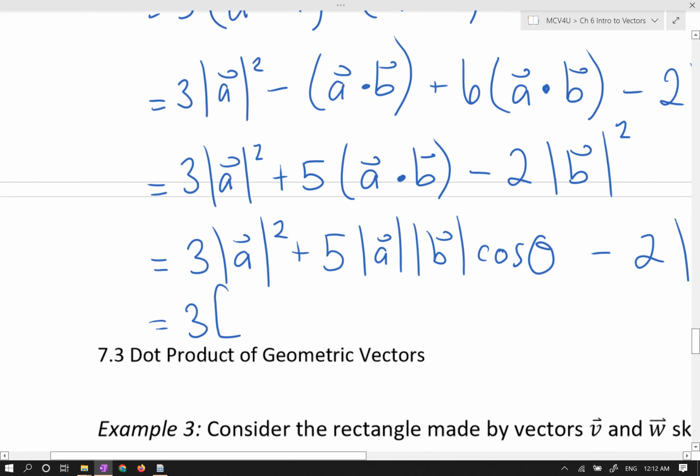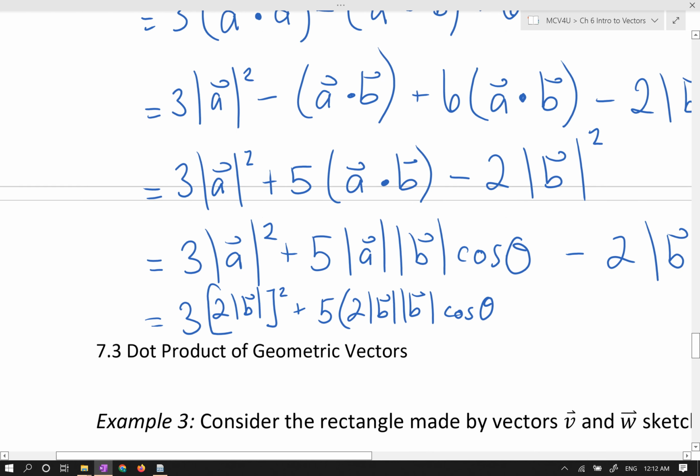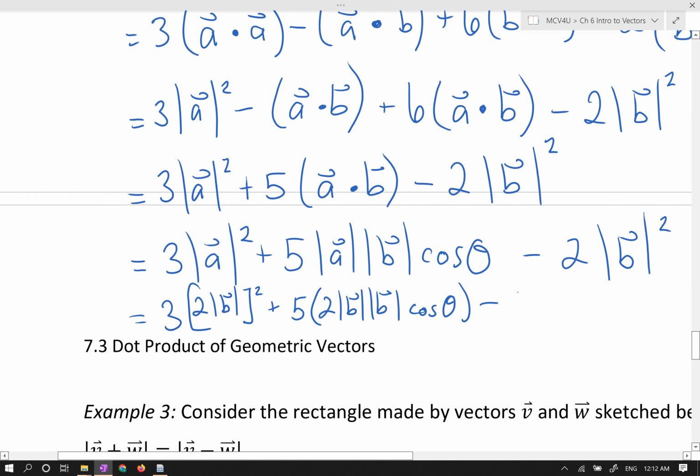There we go. 3 times 2 times the magnitude of vector b squared plus 5 times 2 times the magnitude of vector b times the magnitude of vector b from above right here times the cosine of theta. Good work, us. Minus 2 times the magnitude of vector b squared. Nice work. We're getting there.